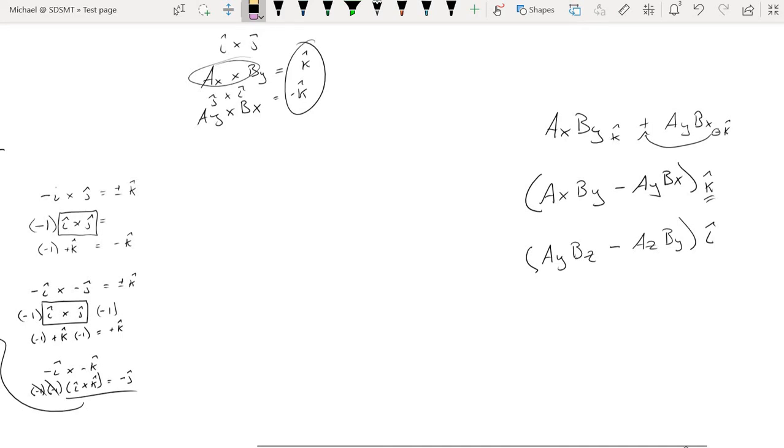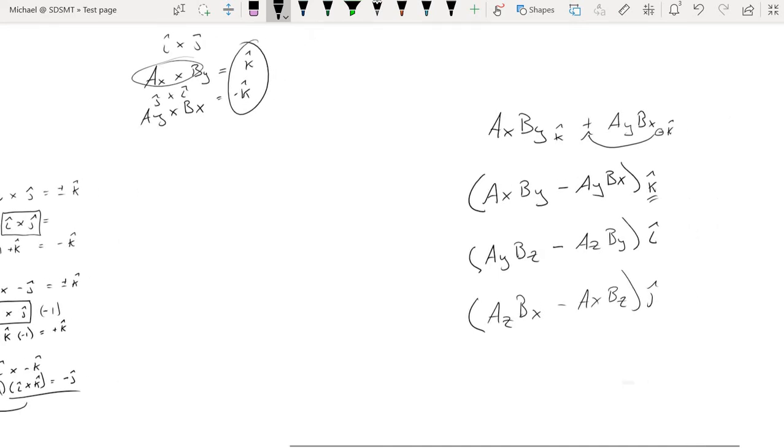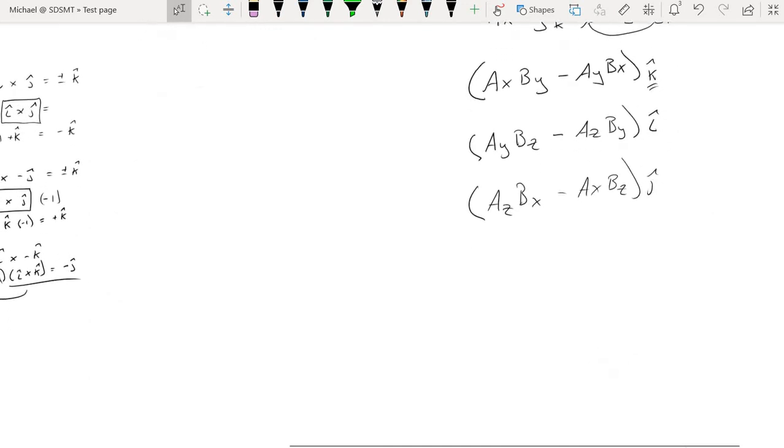And then the last combination would be, let's see, we need az bx minus ax bz, and that would tell us what the j hat component of our final vector is. So if A cross B equals C, the way that we get the components for vector C, so vector C has components I, j, k.